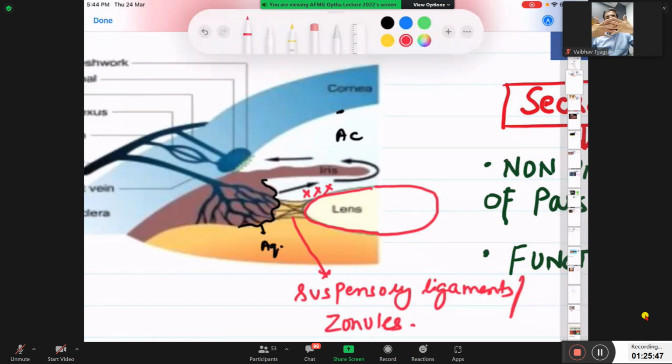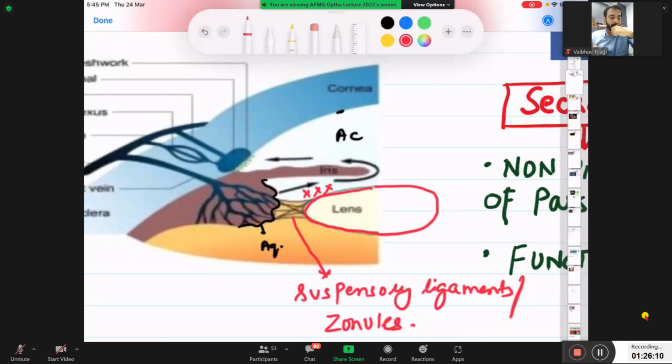These zonules are thread-like structures which keep the biconvex lens in its normal anatomical position. They are holding the lens in its normal position. If these zonules get damaged due to any trauma, the lens will dislocate from its normal anatomical position.